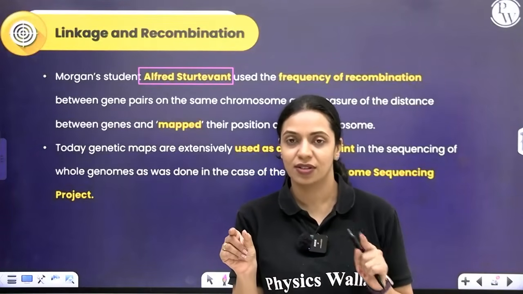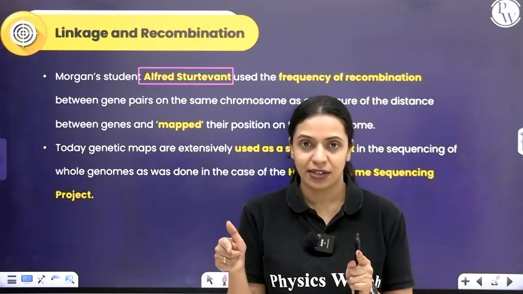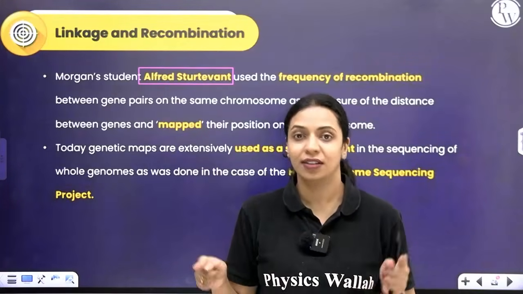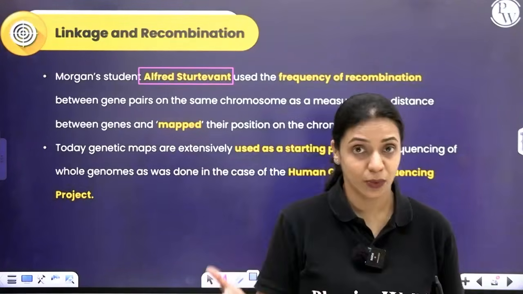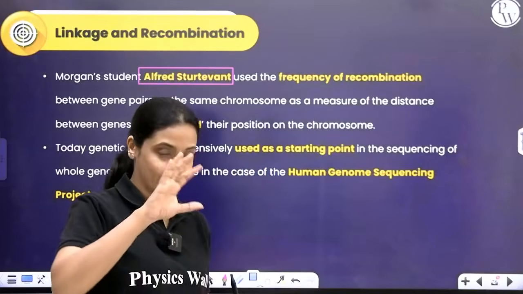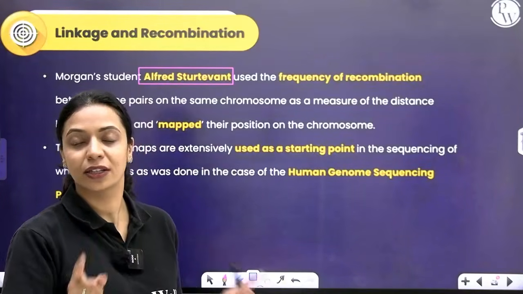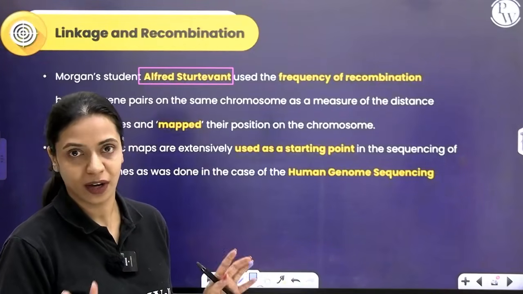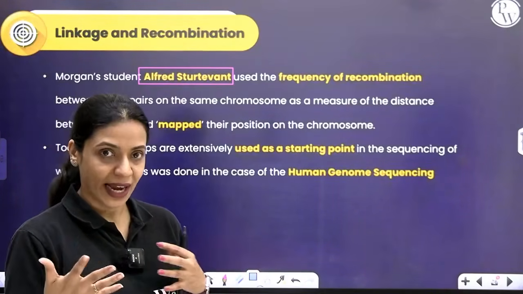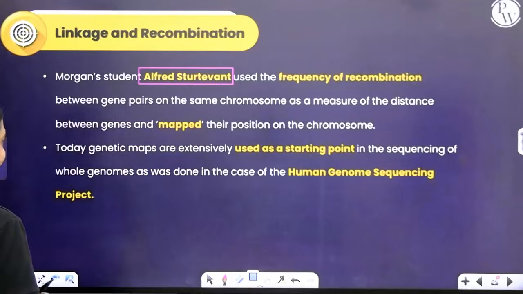If the recombination is this much, then the two genes that I'm considering are farther away from each other. Okay, so this we know. Based on how much recombination we get, you can predict whether the two genes are close to each other or present far away from each other.